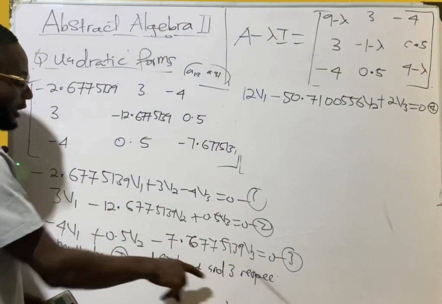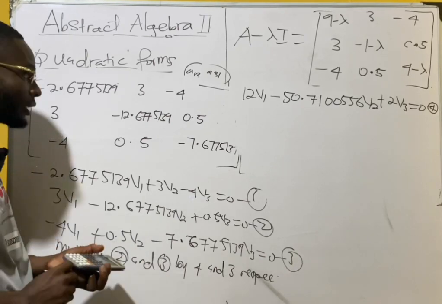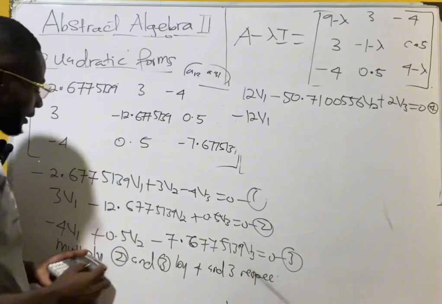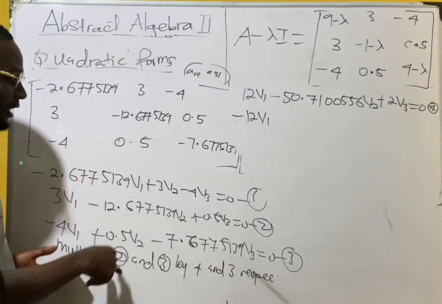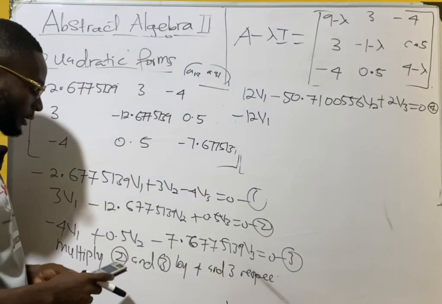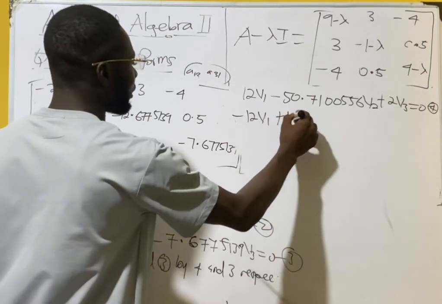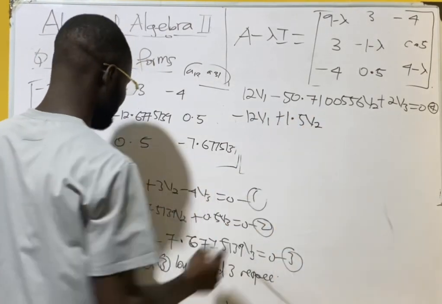We are going to multiply it by 3. So when you do that, you're going to have minus 12V1, then 0.5 times 3 is 1.5. So we have plus 1.5 V2.